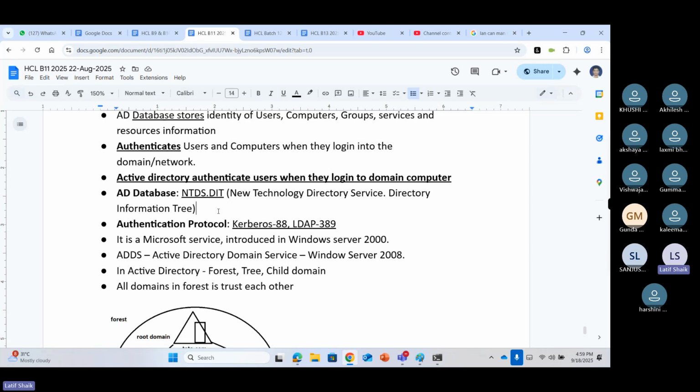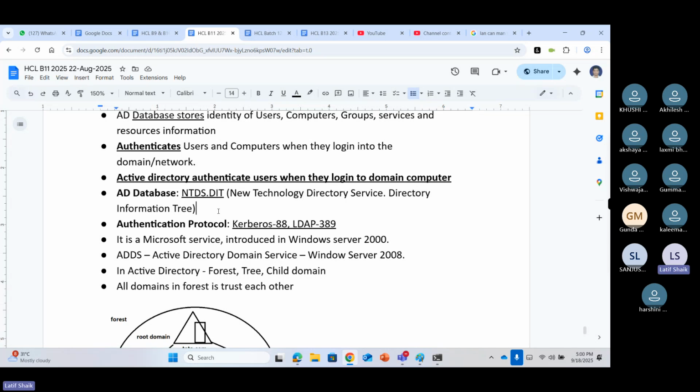Next, as said, Active Directory authenticates users when they log in, or when they're accessing any resources, when they log into domain computers or access resources, it authenticates and authorizes that user to access them.